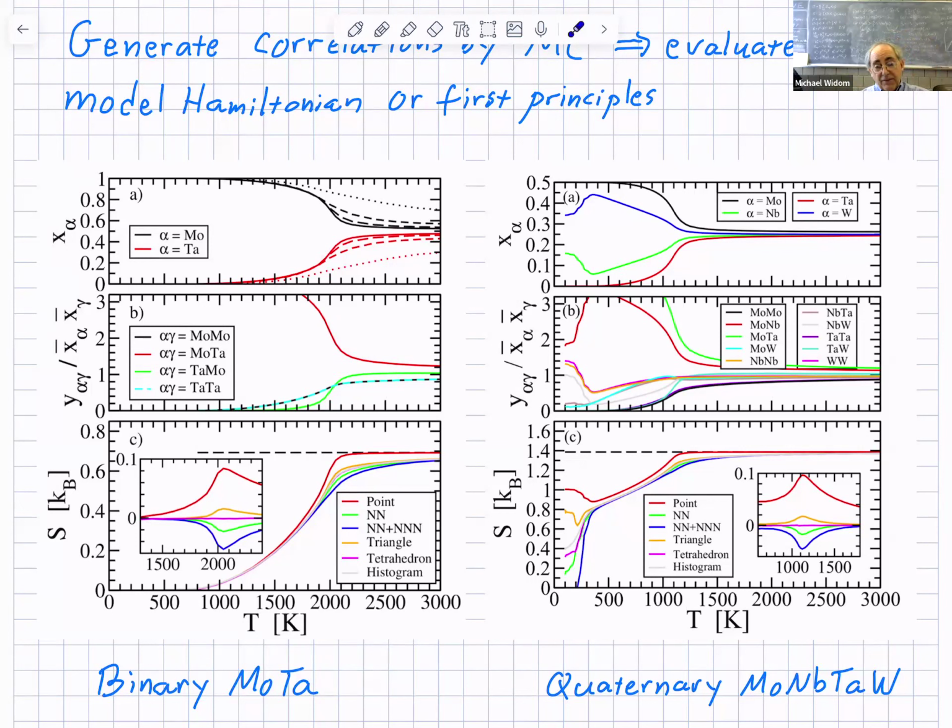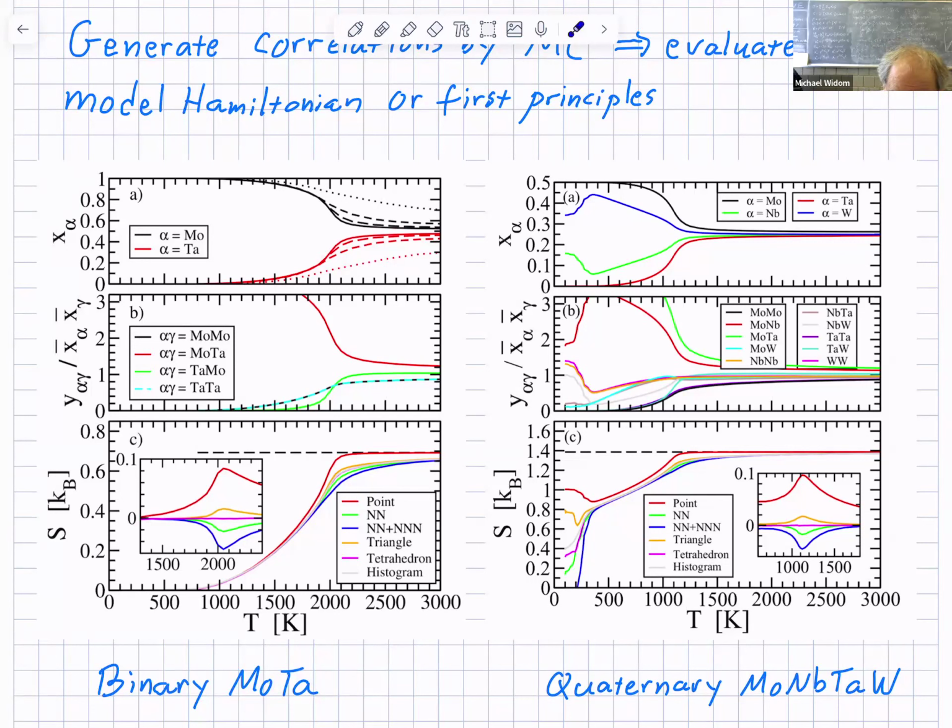And that's because even above TC, although we have global disorder, we still have short-range order. And that short-range order is going to give pair correlations.